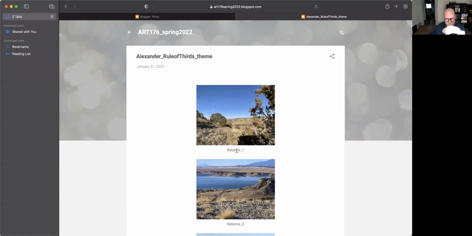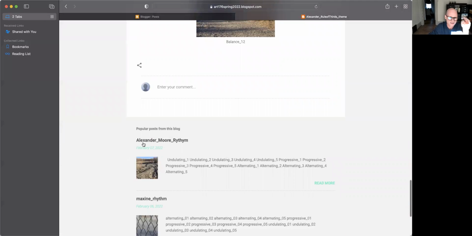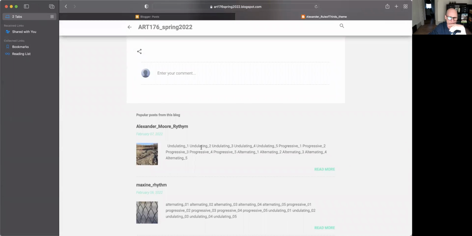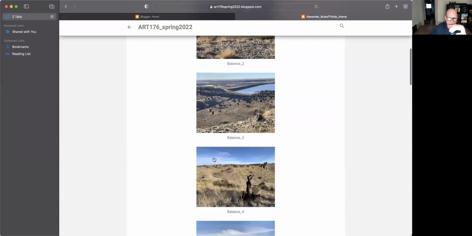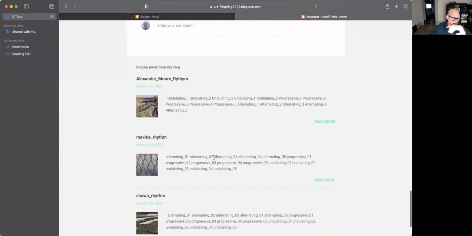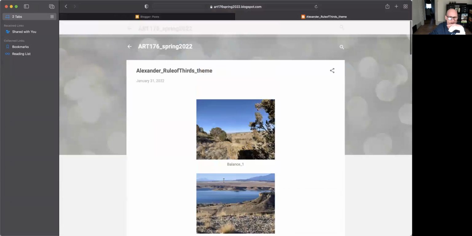Some of them are working, some of them are not working. I was just looking down here at the guides, where it's showing undulating 1, undulating 2, undulating 3, and things like that. But this is the rule of thirds project. So I'm wondering why they put the undulating and alternating here. I'm not sure what that's all about.